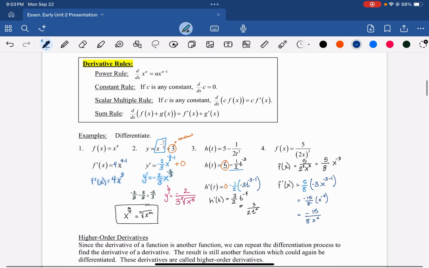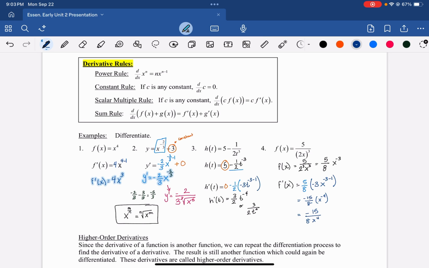Okay, so example 1, we saw that power rule. Example 2, we saw the power rule and the constant rule. Example 3, we saw the power rule, the constant rule, and that scalar multiple, and essentially the sum rule also. And then example 4, we saw the power rule and the scalar multiple rule, but also rewriting.